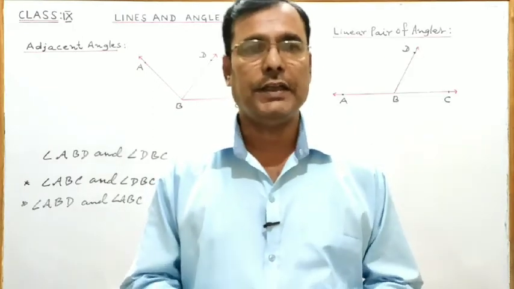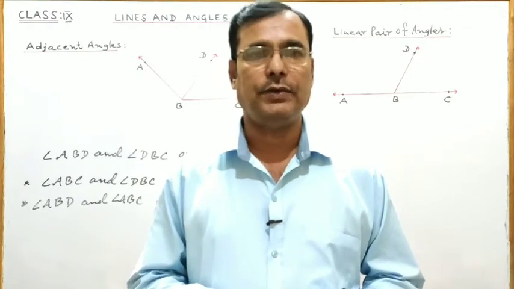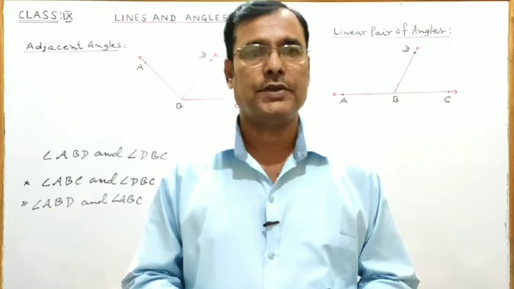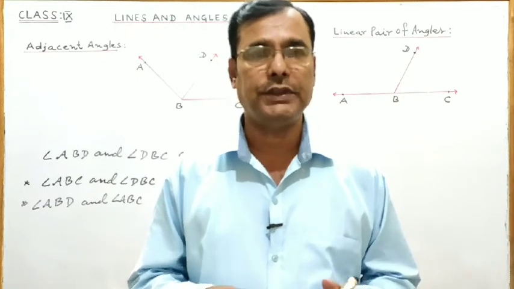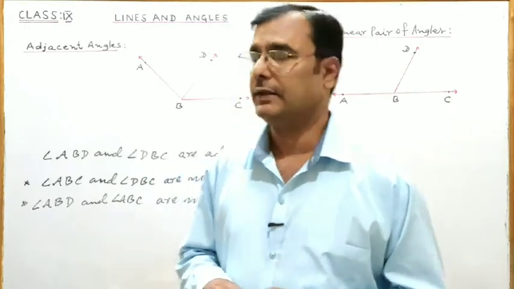Now, linear pair of angles. A pair of adjacent angles in which non-common arms form a pair of opposite rays are called a linear pair of angles.